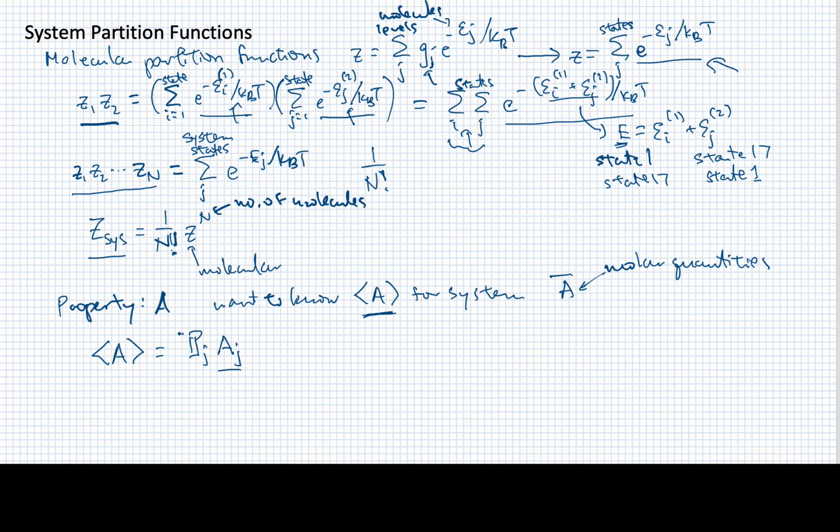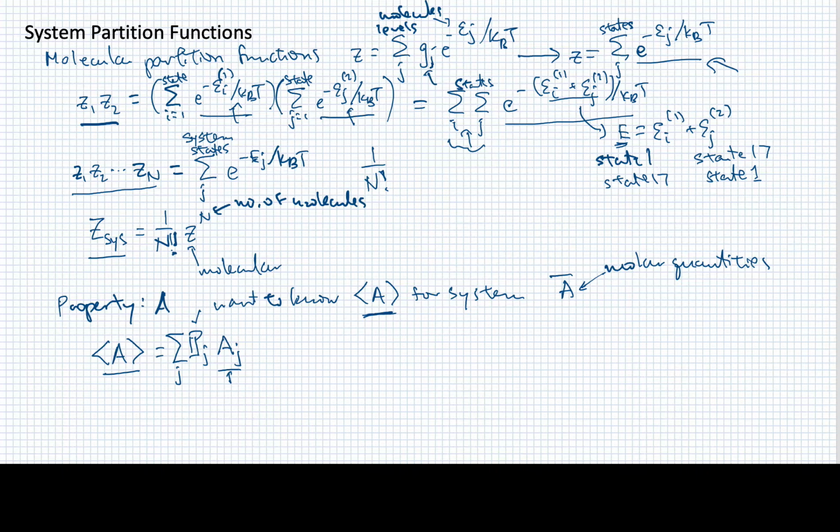And now if I sum over all of these possible probabilities and values, that would give me the average value. So it'd be kind of like if I wanted to know the average height of women in the world, I would want to find out what is the probability that women are 5'1", and multiply that by 5'1". What is the probability that they're 5'2", and multiply that by 5'2", and in that way I could determine the average height of all the women in the world as long as I know these probabilities.